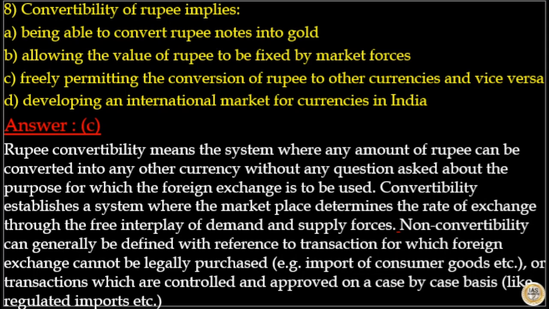Convertibility establishes a system where the marketplace determines the rate of exchange through the free interplay of demand and supply forces. Non-convertibility can generally be defined with reference to transactions for which foreign exchange cannot be legally purchased, that is, import of consumer goods, or transactions which are controlled and approved on a case-by-case basis like regulated import, etc. So, your answer to this question is option C.